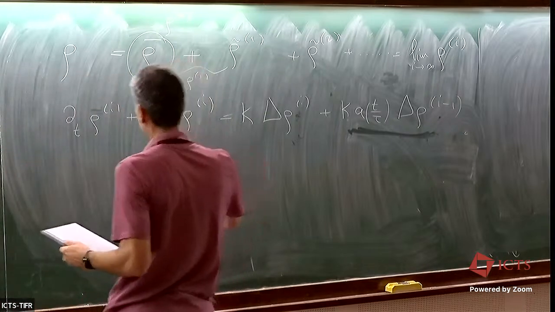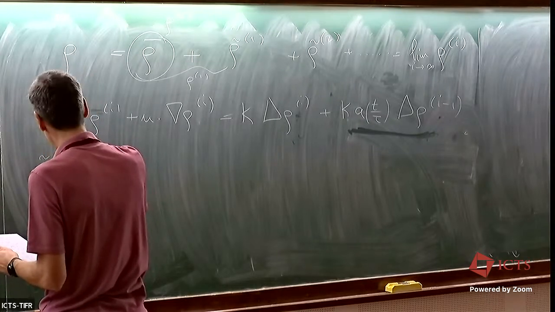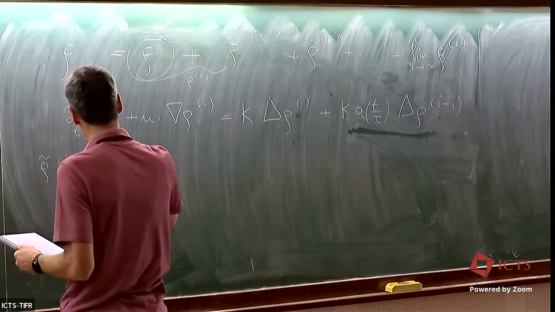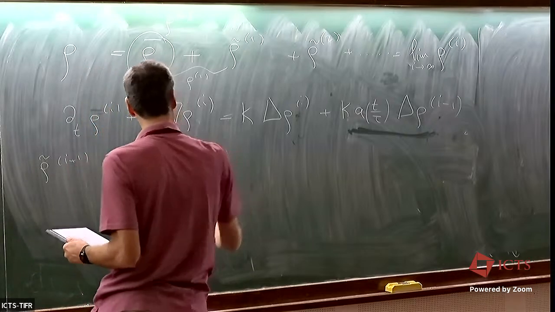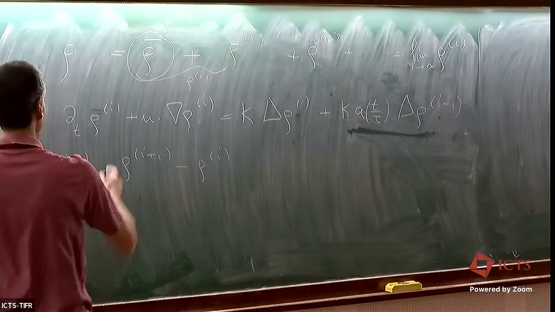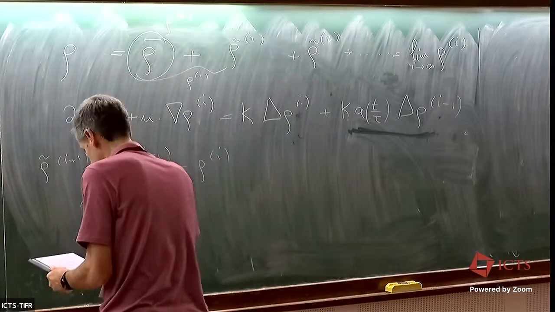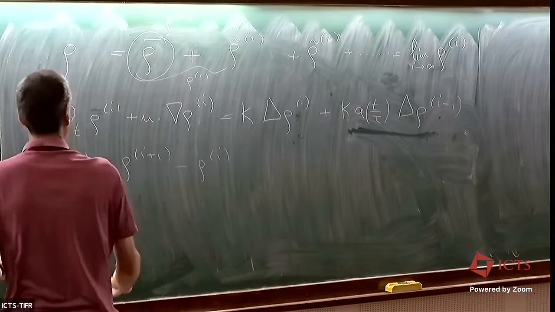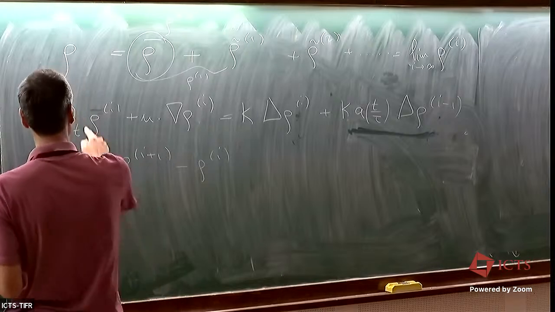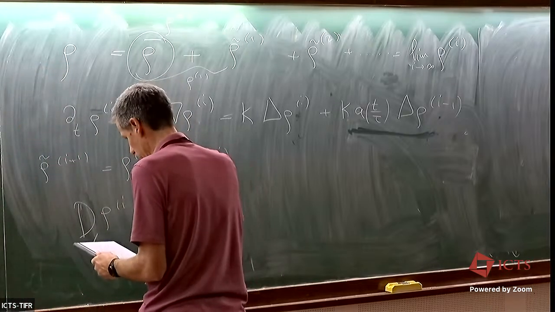And for the differences, so if I have tilde is the difference of successive terms, these are the terms that should go to 0, then it's the same equation. You just subtract two of these equations. It's linear, so it's, okay, maybe I write capital Dt. The capital Dt is the advective derivative. It will never be anything else than this one.